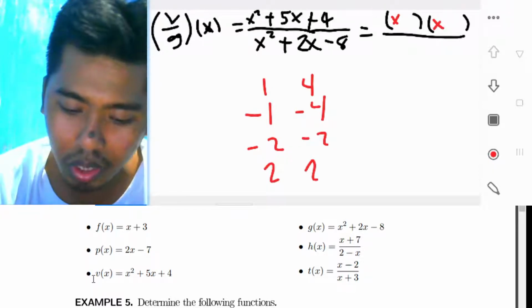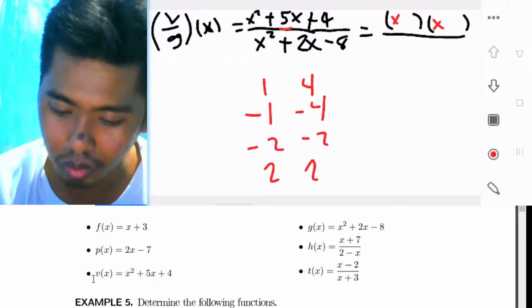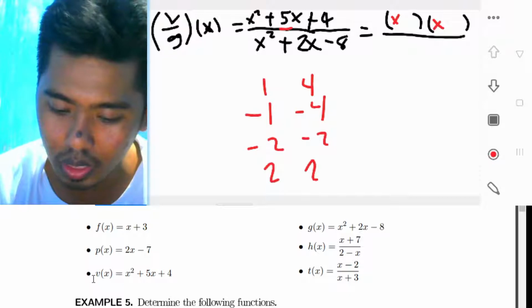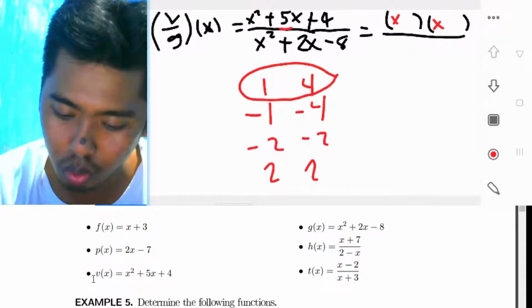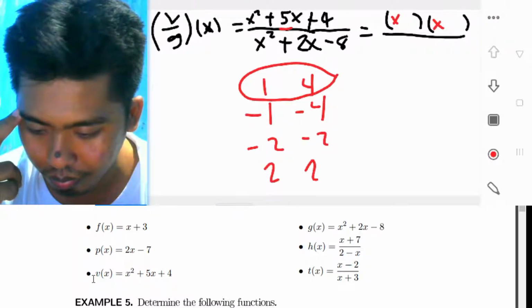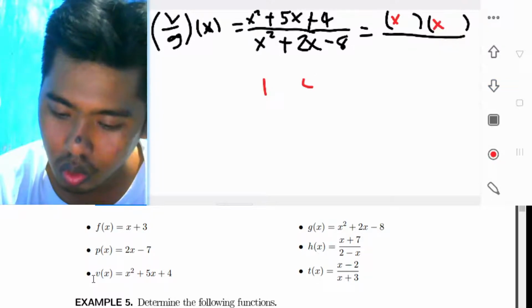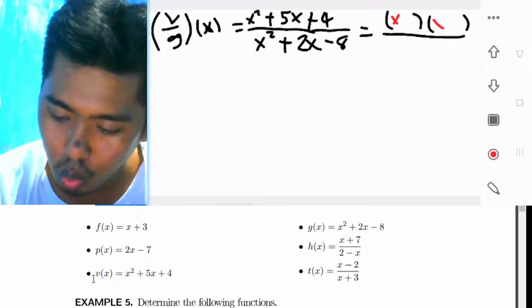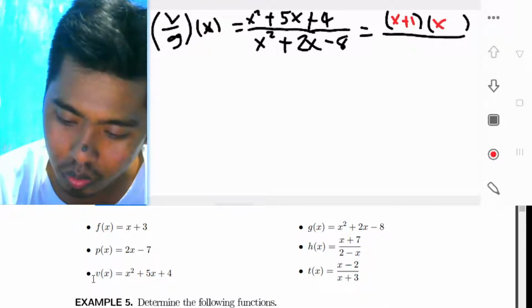After we have these, we consider the middle term. Since that is positive 5x, we're going to use this one, because 1 plus 4 is 5. So we're going to erase everything there and use positive 1 and positive 4.